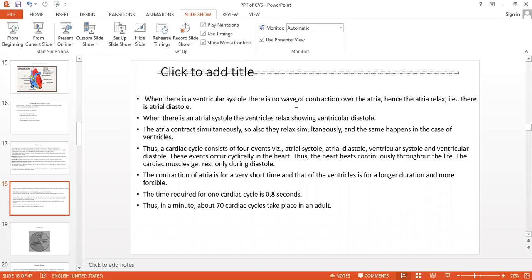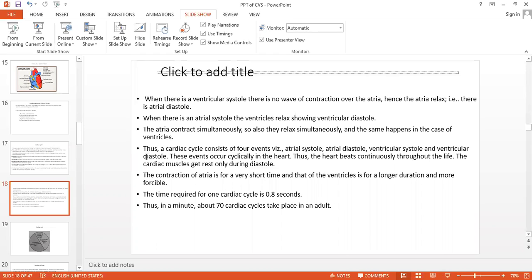And vice versa. When there is atrial systole, there is a ventricular diastole. When there is atrial systole, the ventricle relax. That is, it shows the ventricular diastole. Are you getting my point? These impulses are continuous. So that's why the heart beats throughout the life.